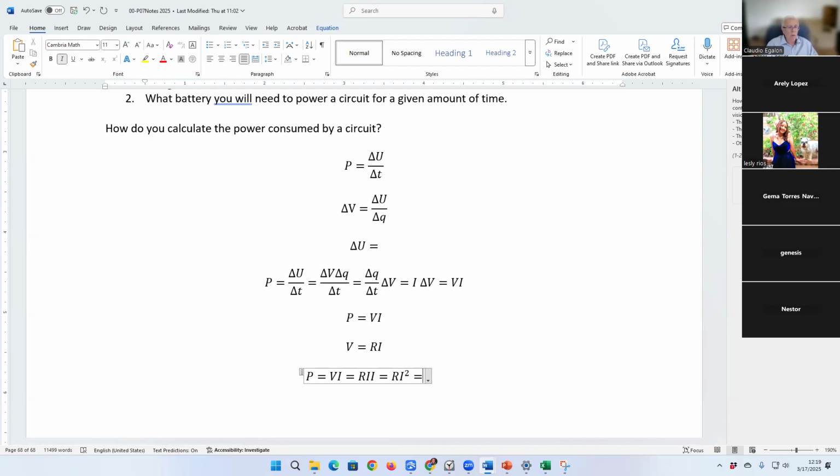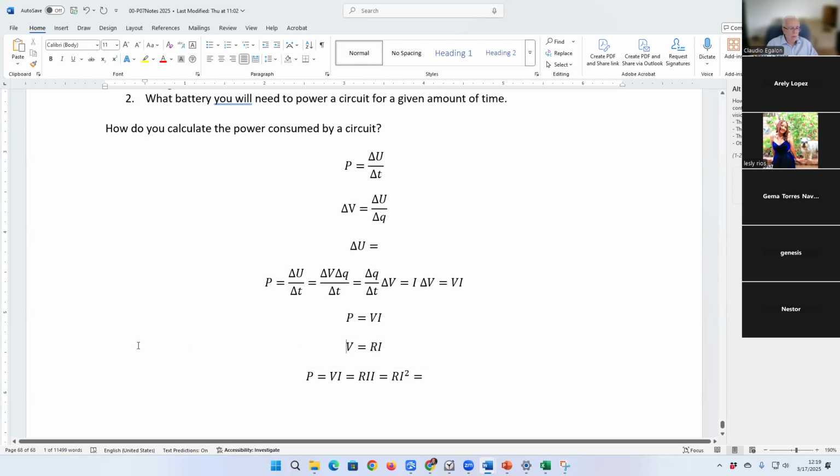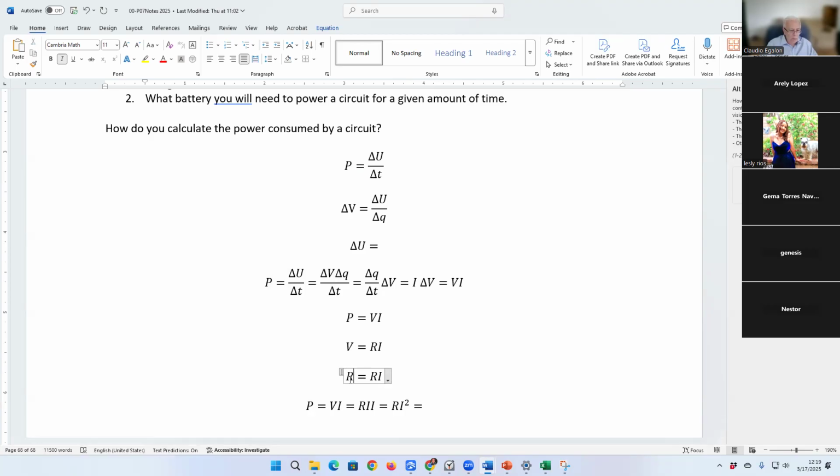And there is one more way of writing the power. Let's see.